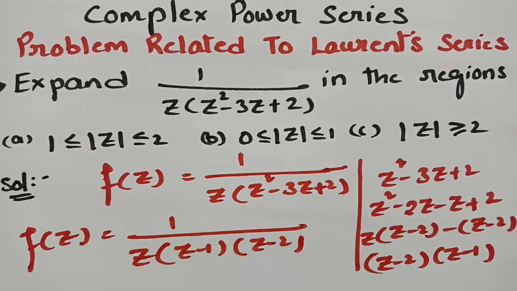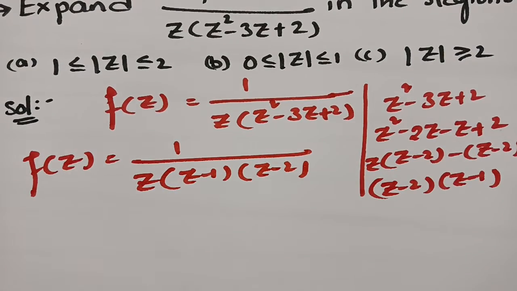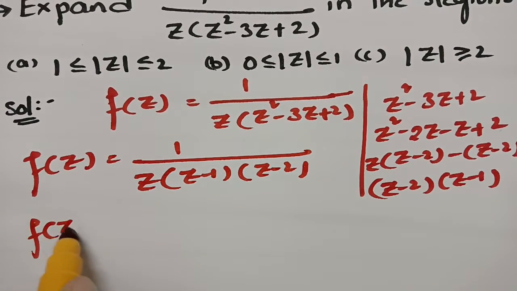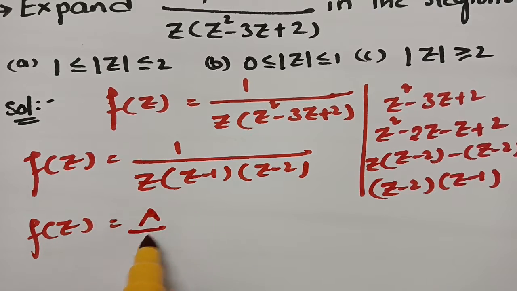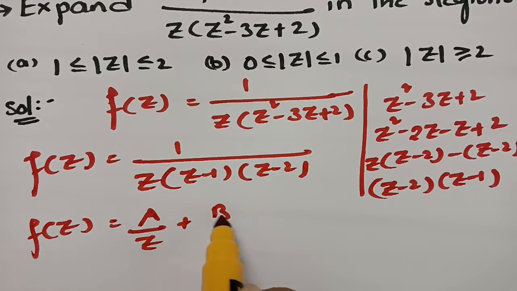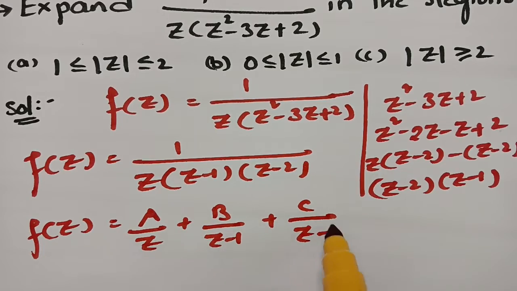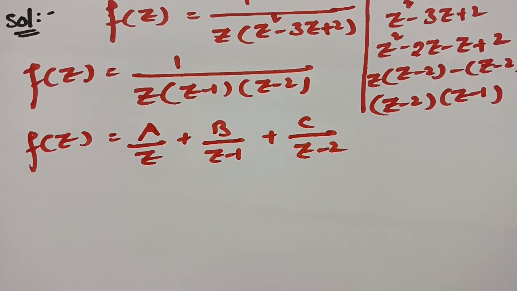Clear? Now I am going to resolve into partial fractions. So I am writing f of z as a by z plus b by z minus 1 plus c by z minus 2. Now I need the values of a, b and c.